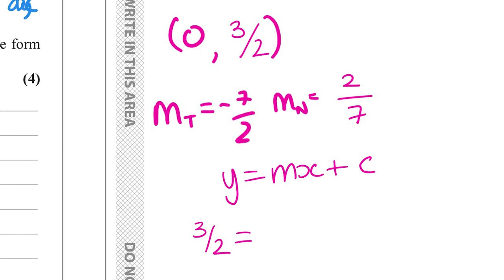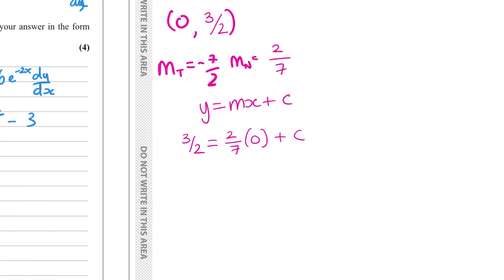Equation of a straight line, y equals mx plus c. 3 over 2 equals my gradient, which is 2 over 7, lots of 0 plus c. Okay, why was this really silly to do? Yeah, because of course it's going to be 3 over 2, the y-intercept. The coordinate's 0, 3 over 2. Everyone's there following me. Remember, guys, you don't have to always follow a procedure, yeah?